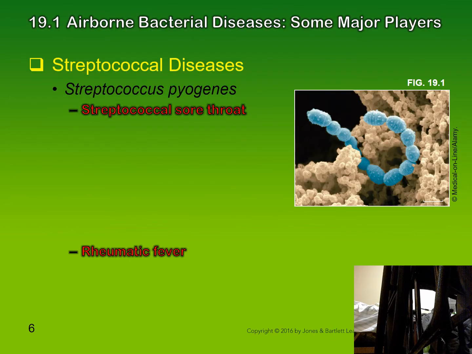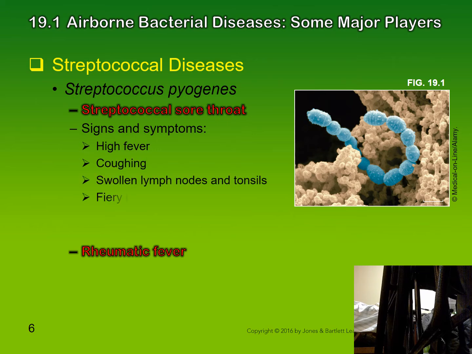Okay, so one of the major bacteria that are doing this is Streptococcus pyogenes, and you can have streptococcal sore throat. Signs and symptoms of this: the high fever, coughing, swollen lymph glands, and fiery red pharyngeal tissues.